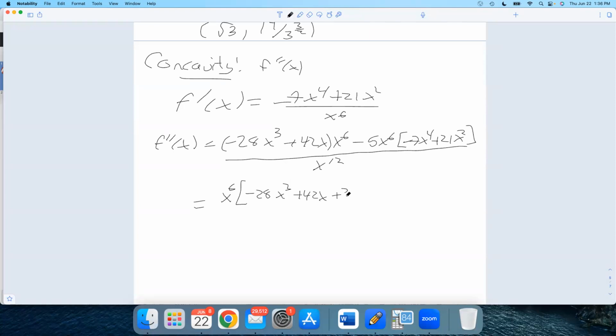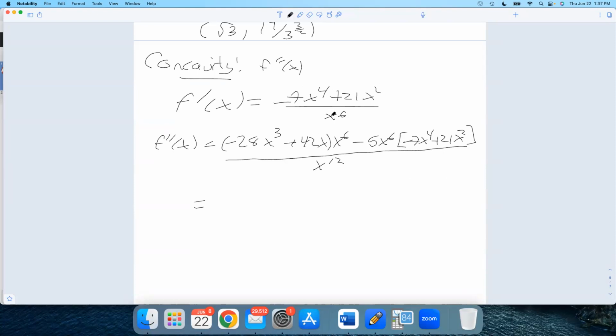So that'll be plus 35x to the 4th minus, what is that, 105x squared. And as I'm writing this, I'm realizing something's not right. We should not be getting all those powers. I done goofed. I'm not going to restart this whole thing over. I just goofed right there. And I hope you guys caught me as I was doing it.